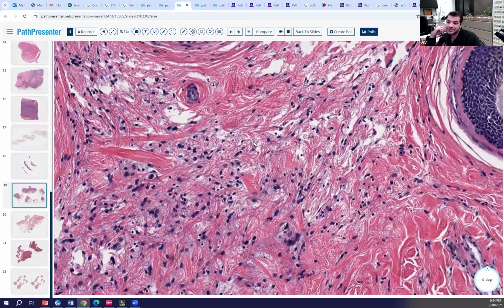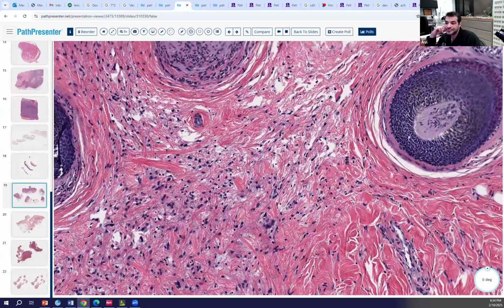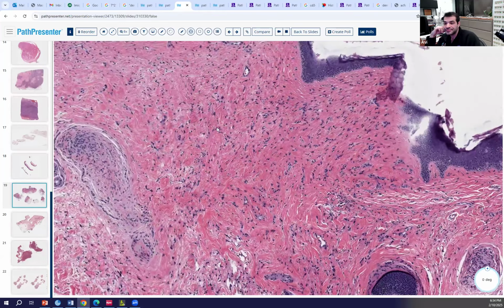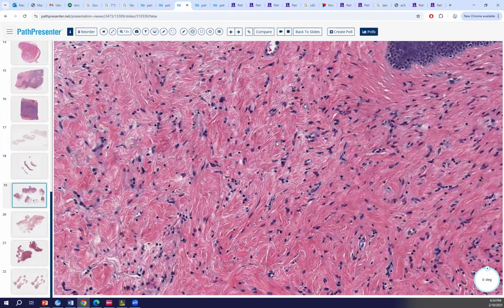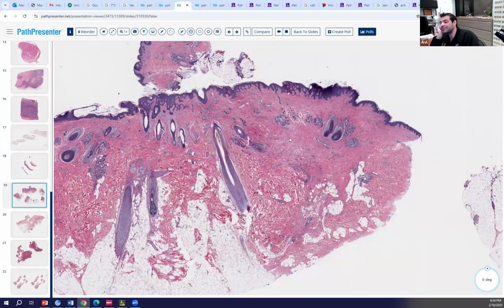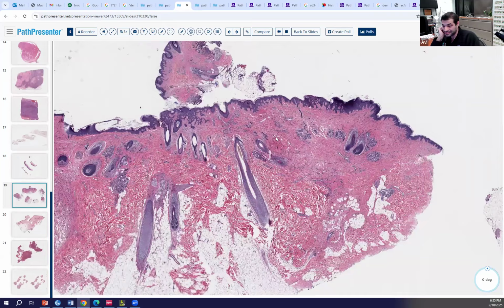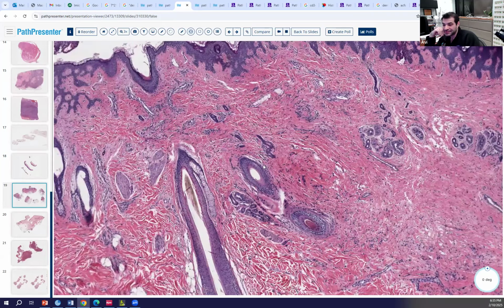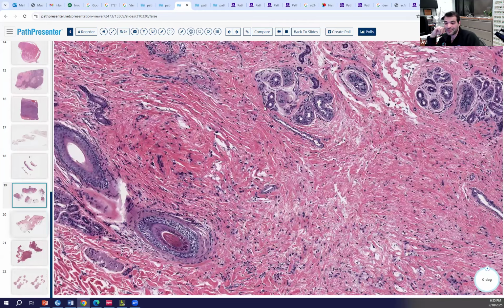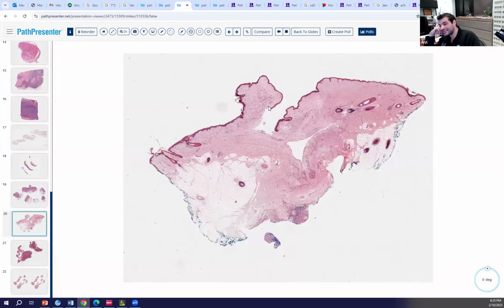What do they stain for? Yeah, so CD34 negative, unlike a giant cell fibroblastoma, and it'll be EMA positive. So that's one thing. Rudimentary meningocele.